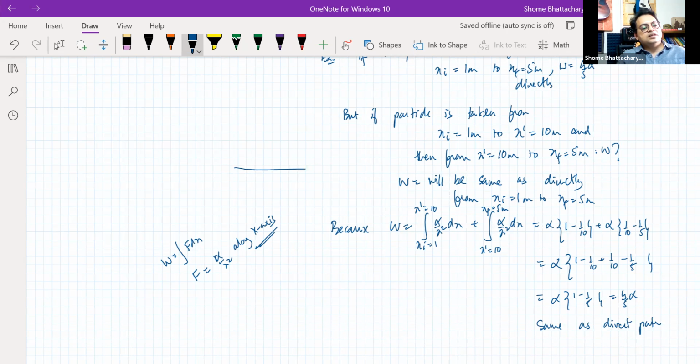So in one case, we are taking the body directly from x equal to 1 to x equal to 5, direct path. In the second case, we are first taking it from x equal to 1 to x prime equal to 10. First, we are making this displacement. Okay. And then we are taking it back from there to here.